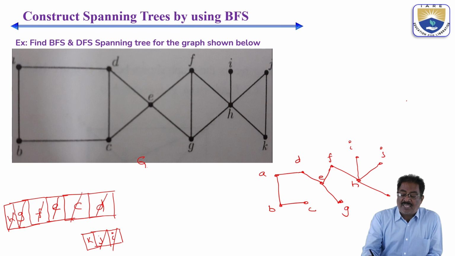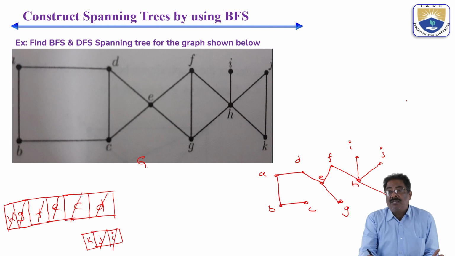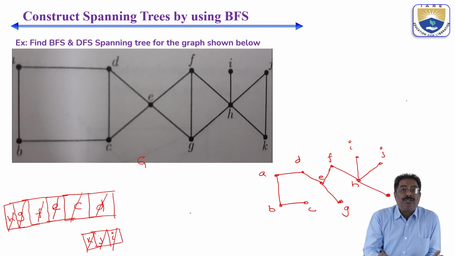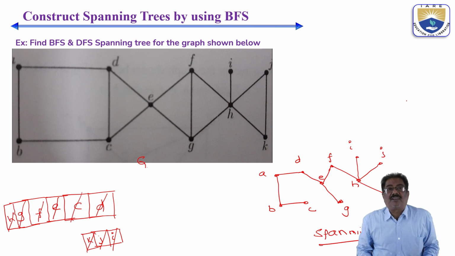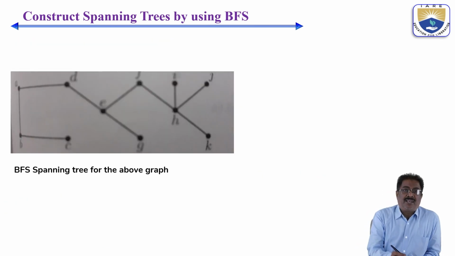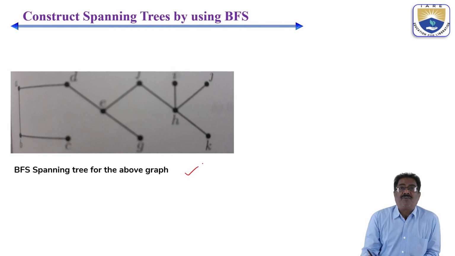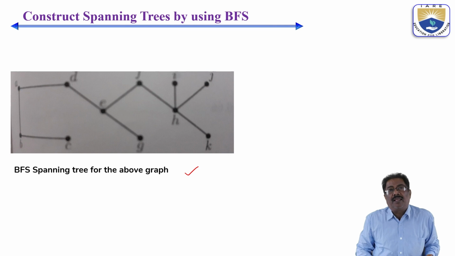Then I have K, and from K there is no other vertex to visit, so I am going to dequeue that. Simultaneously I am getting a spanning tree, and this is the corresponding spanning tree by using the BFS algorithm. So here is the BFS spanning tree from the previous graph.